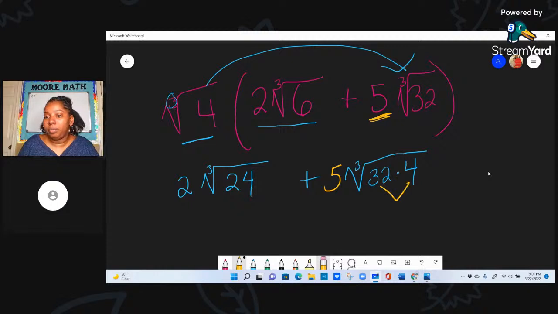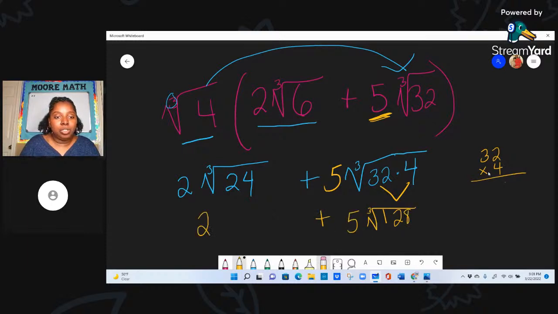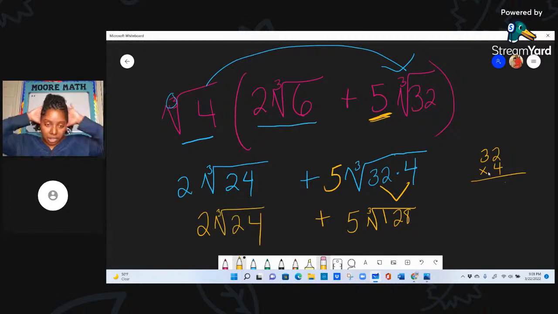And 32 times 4? 128. Good. Okay. So we have the cubed root of 128 times 5 plus 2 cubed root of 24. Okay. And you can just leave it there. So you factored it. You multiplied it as they wanted you to. And you can leave it right there. All right. So I want you to stay here. Once we're offline, I'm going to help you with that last one. Okay. All righty. But you did great tonight.